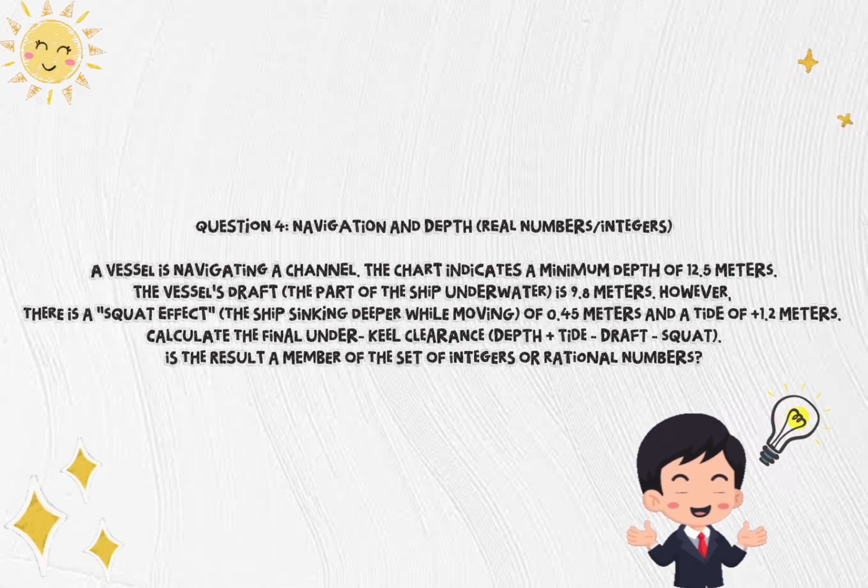However, there is a squat effect, the ship sinking deeper while moving, of 0.5 meters, and a tide of plus 1.2 meters. Calculate the final under keel clearance: depth, tide, draft, squat. Is the result a member of the set of integers or rational numbers?